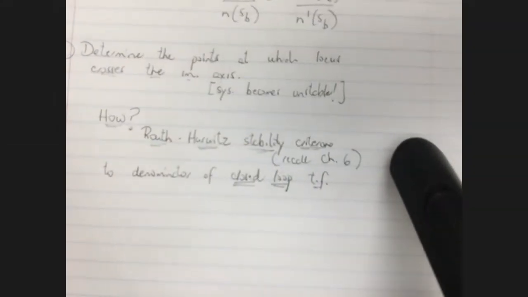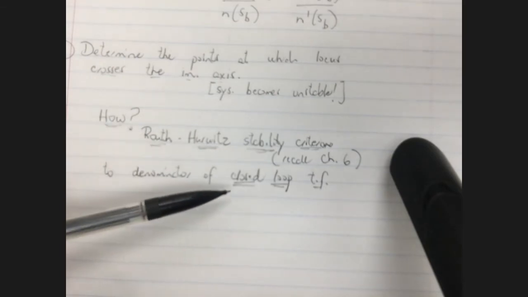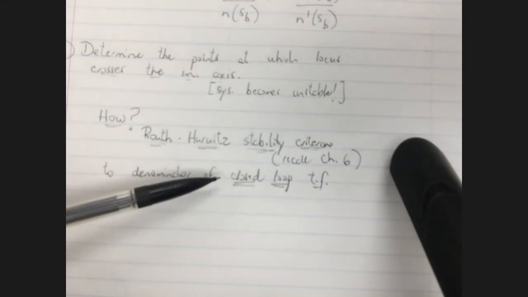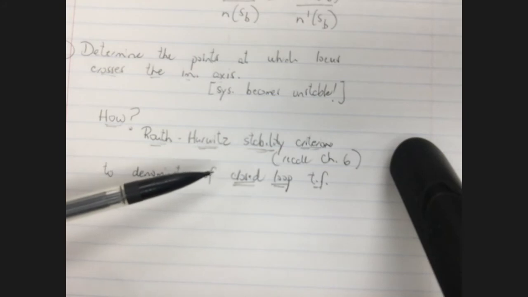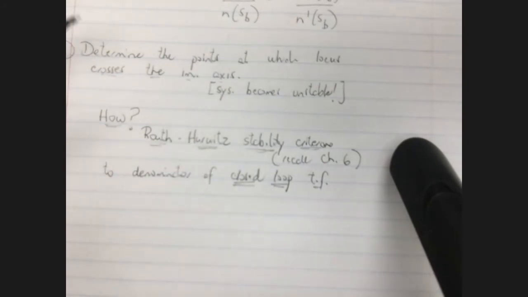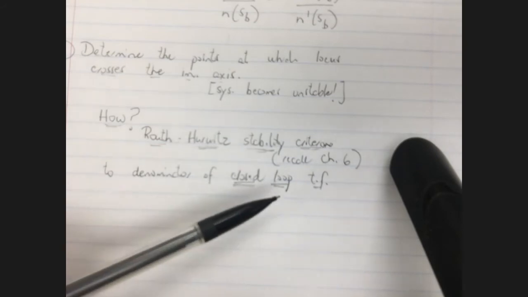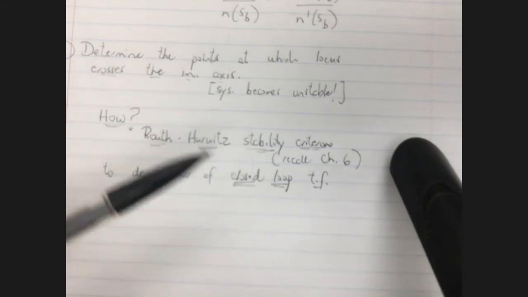This is important because in just about everything we've done before, we have applied it to the open loop. Everything we've done in setting the whole thing up used the open loop plant. But for this last step, to determine where it crosses, you take the denominator of the closed loop transfer function. So that's important.